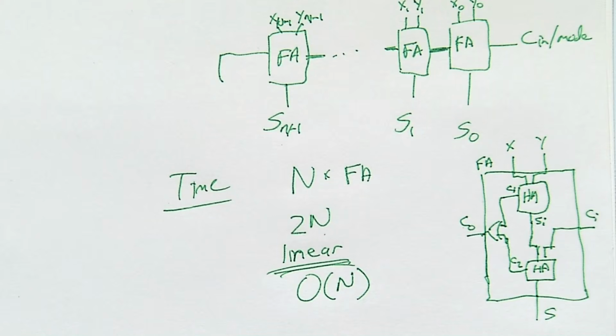Anything can be described in canonical form. If it can be described in canonical form, how many levels are required in canonical form? Either SOP or POS. Right? Okay.